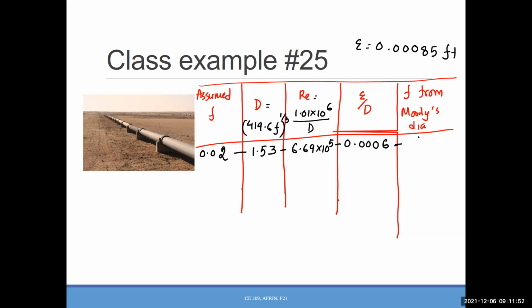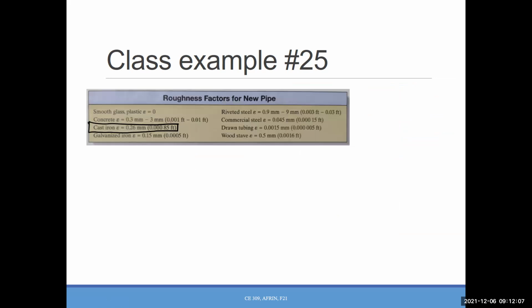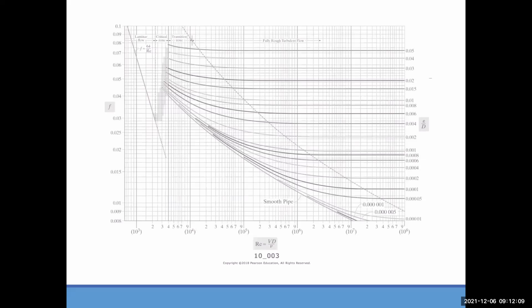Now we are ready to use the Moody diagram because we have one set of Reynolds number and epsilon over D. If anyone needs a Moody diagram, I have some extra if you forgot yours.